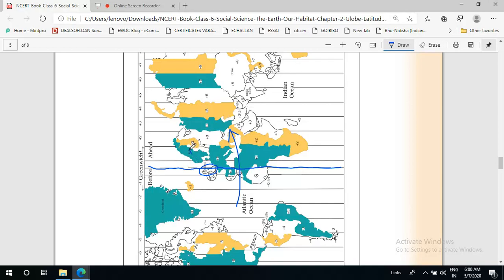You can see +1, +2. Look, on one particular longitude, everywhere +1, +1. Then this is +2, +2. Then +3, +3, +4, +5.